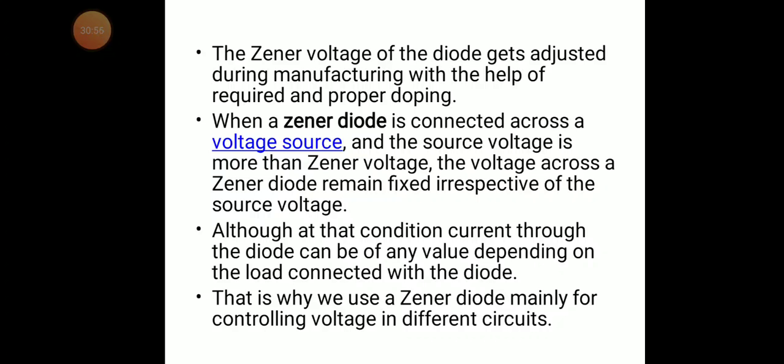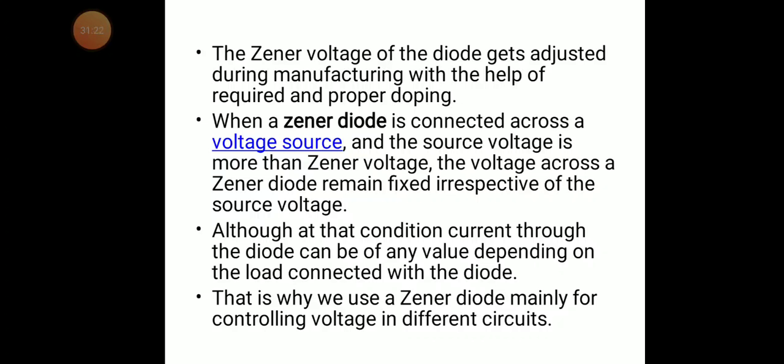Although at that condition, the current through the diode can be of any value depending on the load connected with the diode. This is the main thing. The excess is converted into the load current.